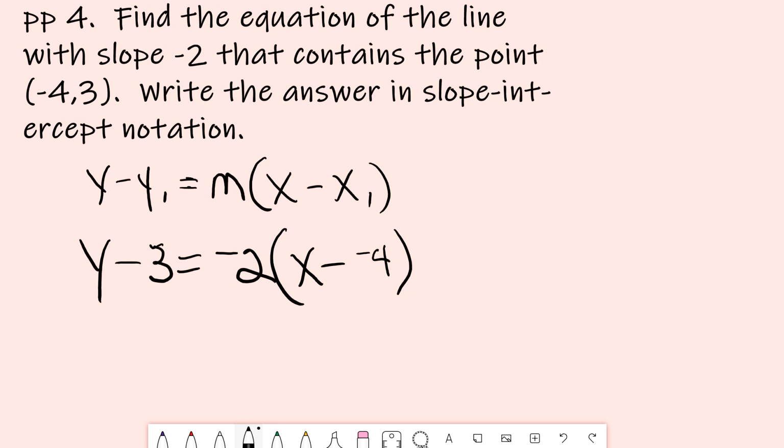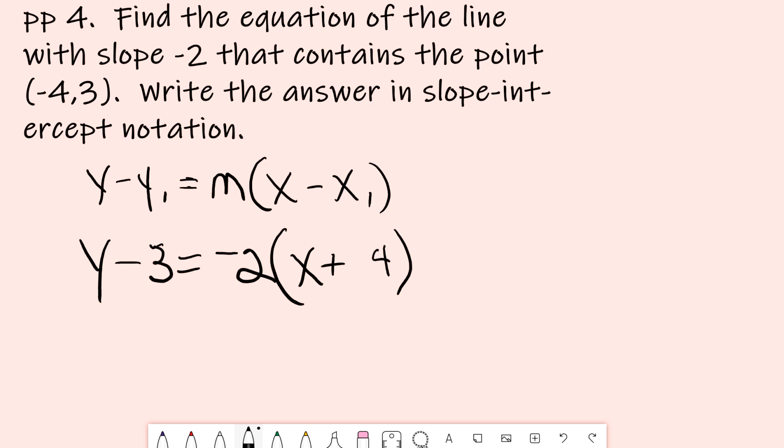And we know that when we have two negatives like that, it changes to be x plus 4. So that's what happens when you're subtracting a negative number. It turns positive. So this is my equation thus far in point slope form, but I've got to write this in slope intercept form.